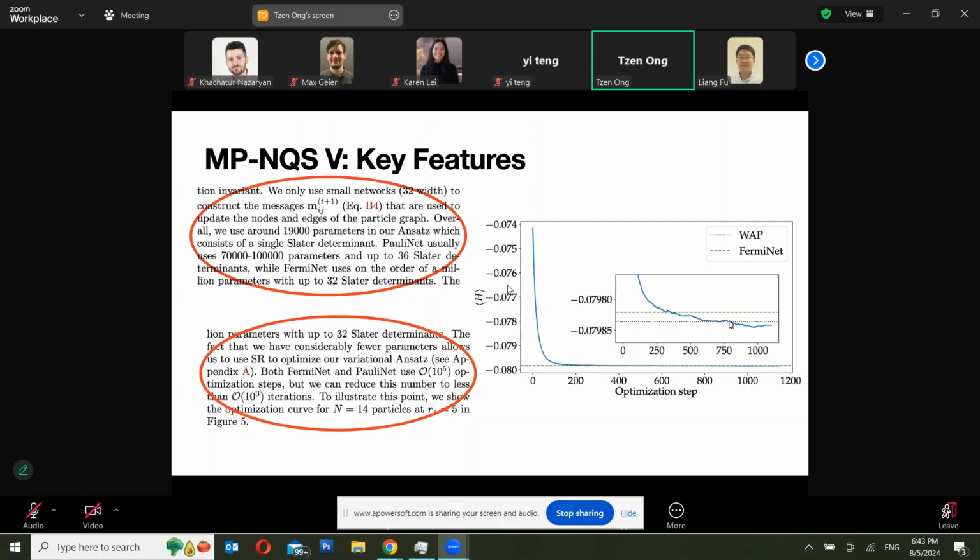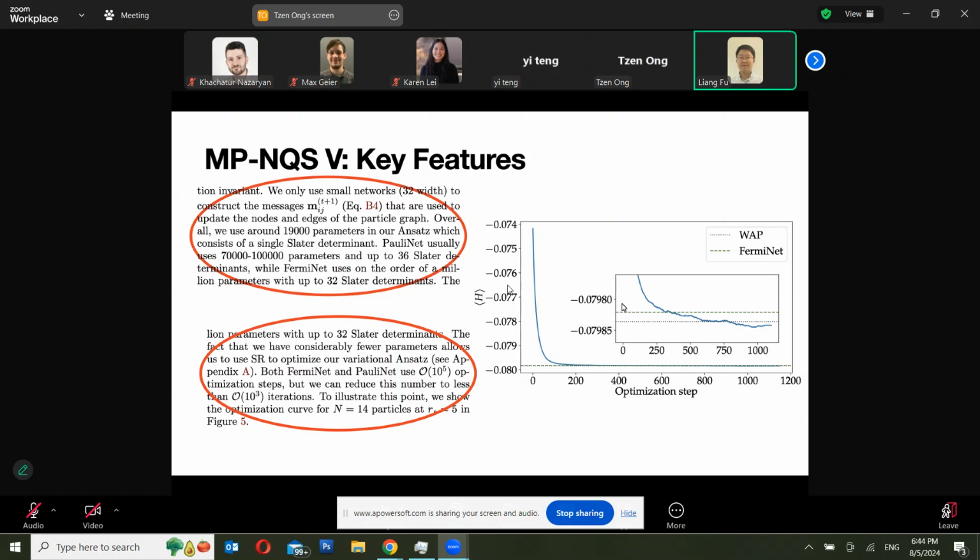So both in terms of convergence and number of parameters, they have a 2 orders of magnitude improvement. Because they only have 20,000 parameters, they can use stochastic reconfiguration, basically calculating the Fisher information metric of the variational wave function and updating very quickly. So I guess that's why they can converge much faster compared to Ferminet.